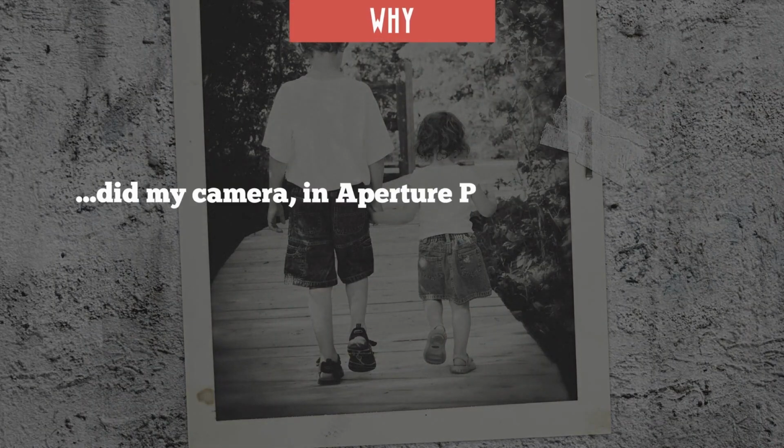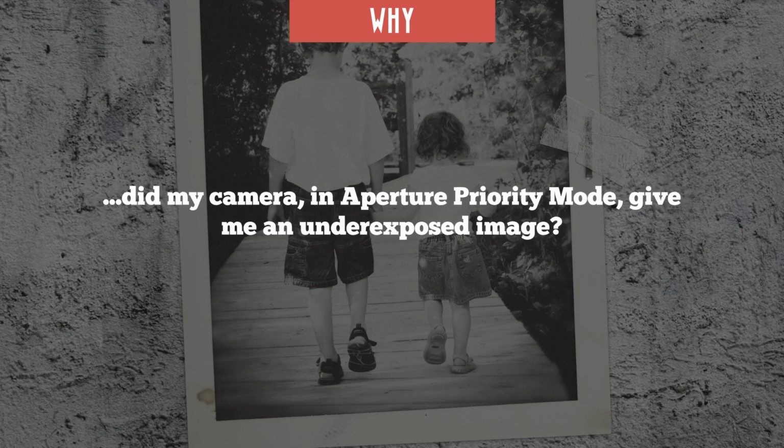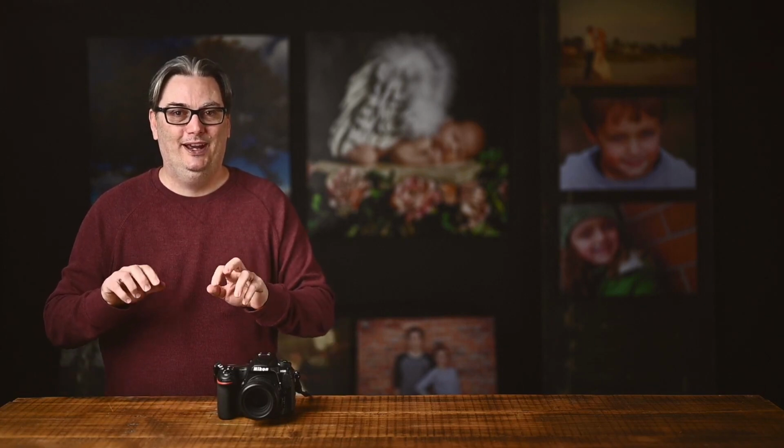So, why did my camera in aperture priority mode give me an underexposed image? Well, let's think about that. Your camera has a body, but it doesn't have a brain like you and me. Instead, it has a computer chip. Therefore, your camera determines the proper exposure based on how it's programmed.